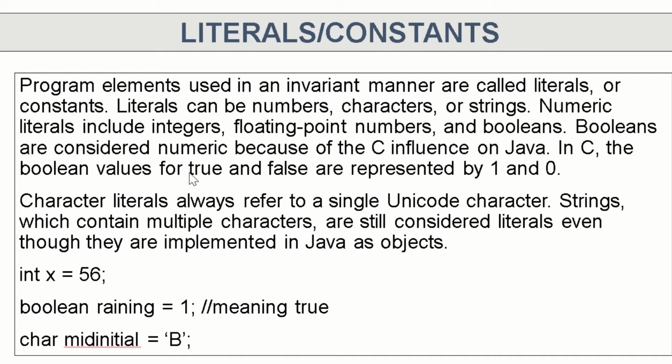Booleans are considered numeric because of the C influence on Java. In C, the boolean values true and false are represented by 1 and 0, which are still considered numeric. That's why we define booleans as numeric literals.